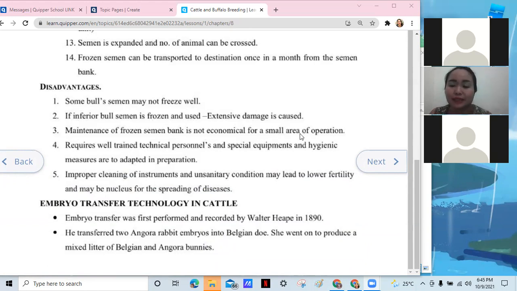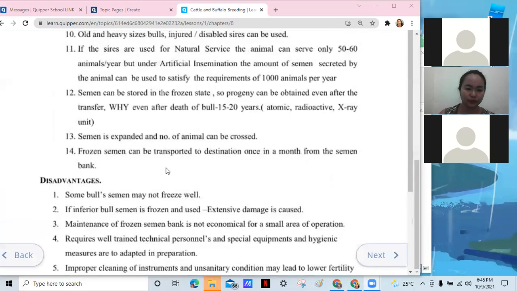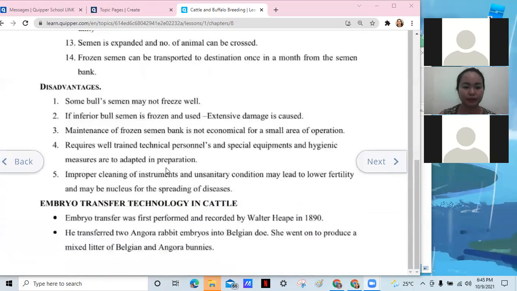It's really very expensive, and requires well-trained technical personnel, special equipment and hygienic measures. Improper cleaning of instruments and unsanitary conditions may lead to lower fertility and may also be a nucleus for spreading diseases. But these are just few compared to the advantages.